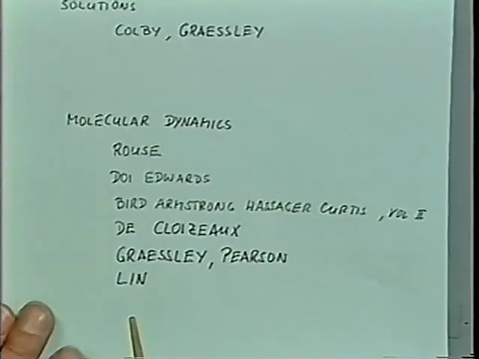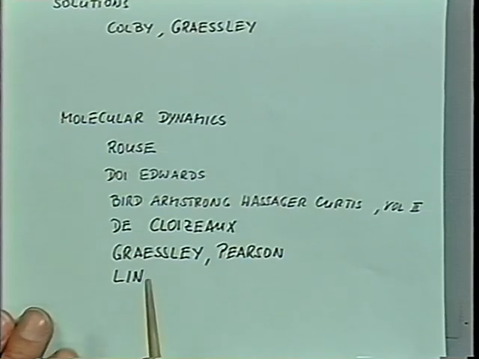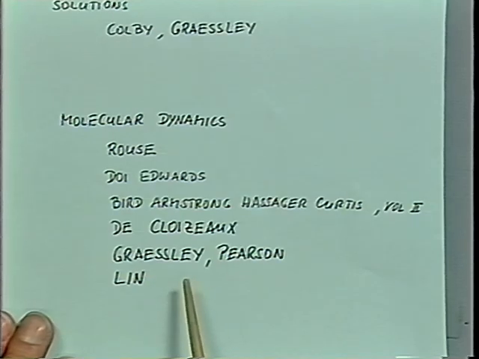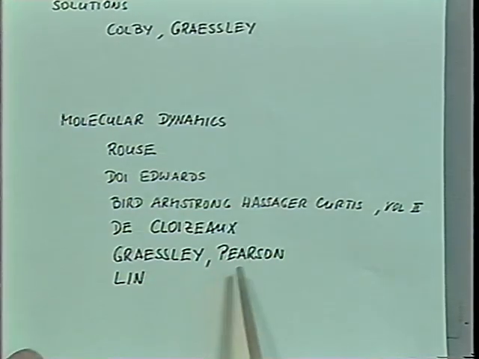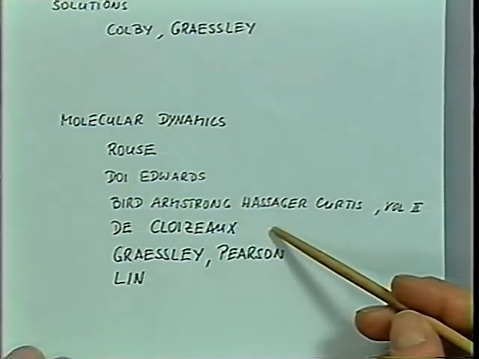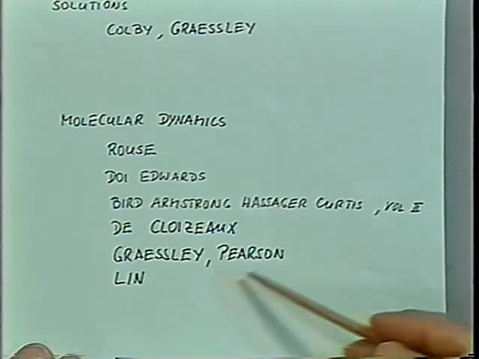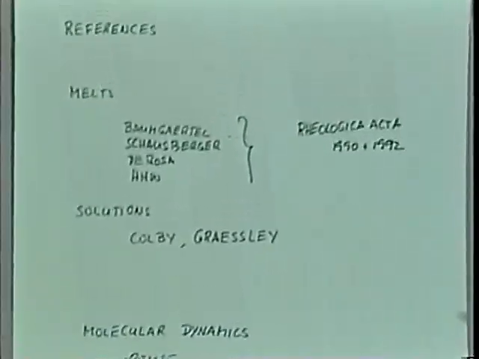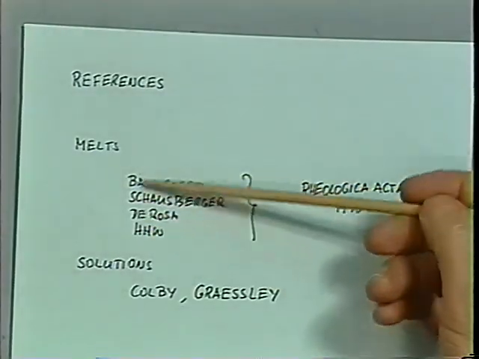In Bird, Armstrong, and Hassager, the textbook we are using, the second volume is concerned with molecular dynamics. Then Des Cloizeaux has newer theories, the double reptation model, and Gressley and Pearson, and there's a whole range of physics people. Now, I'm going to concentrate on the experimental part, and hopefully in a guest lecture we will be able to look at the theoretical approach.